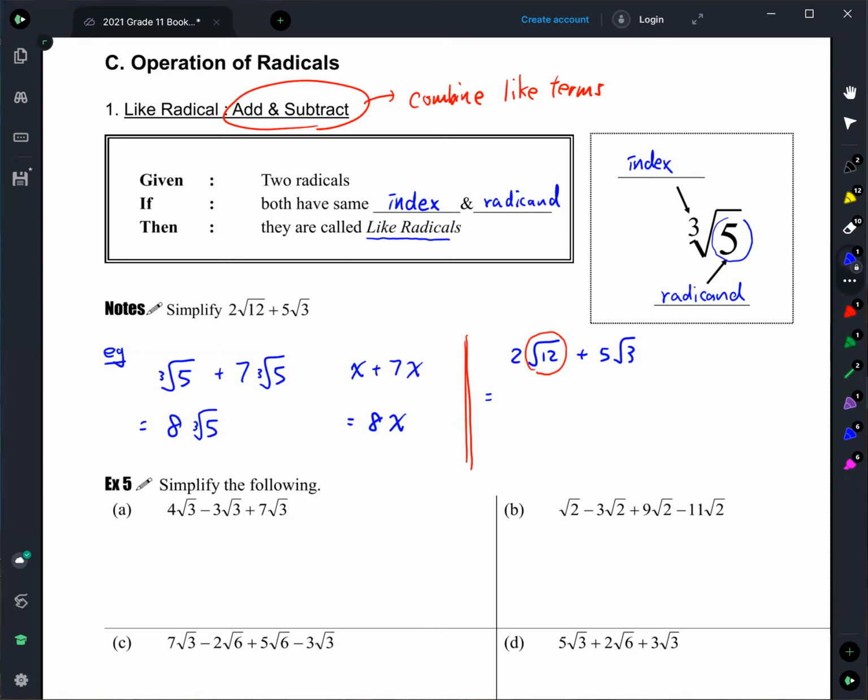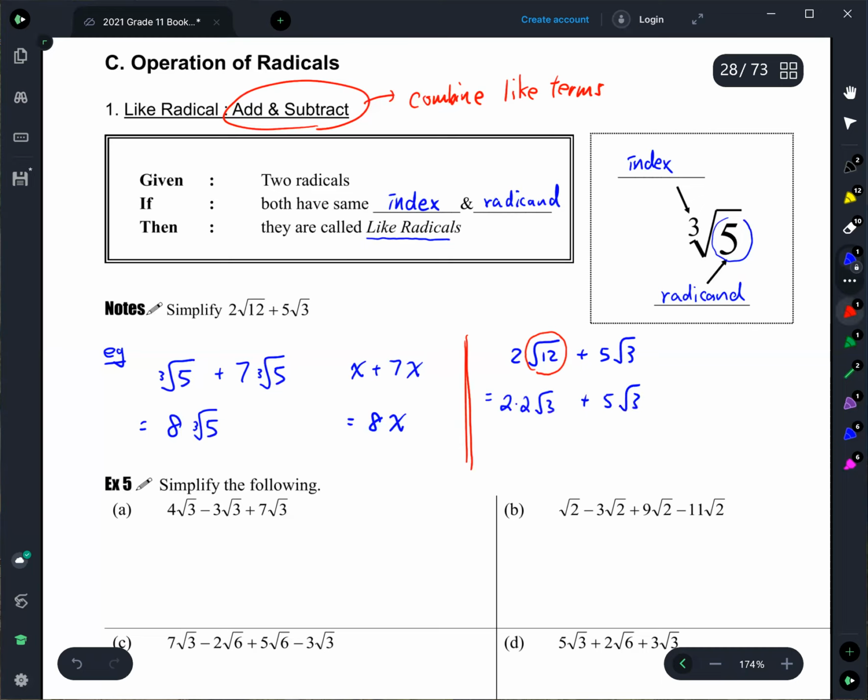Very good. So it's 2 times 2 square root 3 plus 5 root 3. The square root of 12 simplifies into 2 root 3, and the outside already has a 2, so the outside numbers multiply together: 4 root 3 plus 5 root 3.